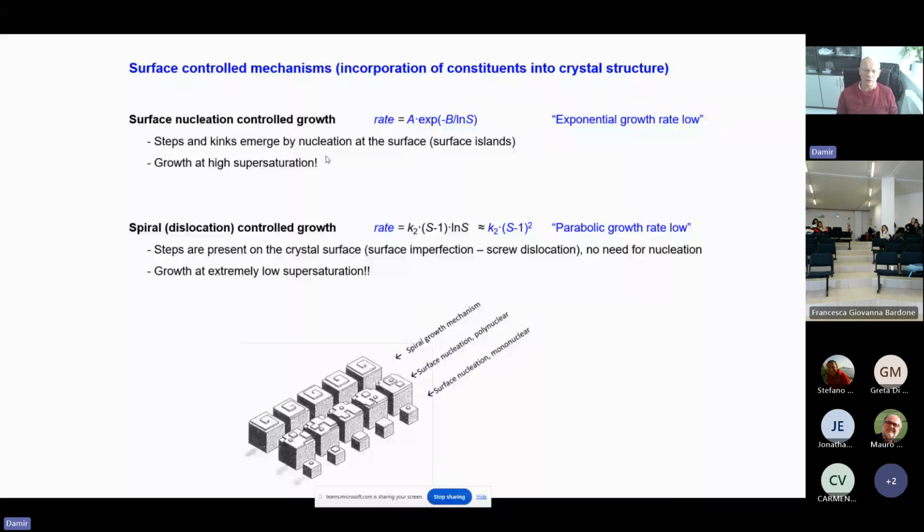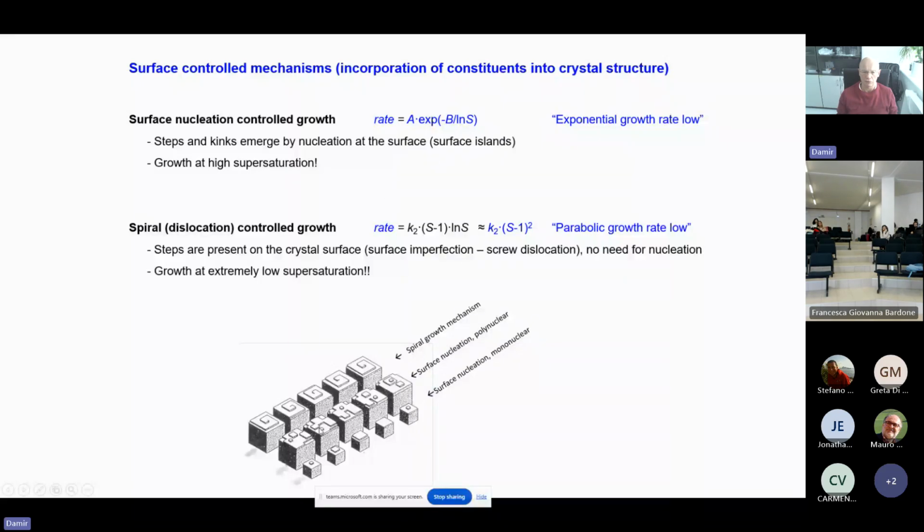If the active plates are not present, then they should be formed by a process of surface nucleation. So the rate here is an example of surface nucleation that is relatively slow and that is relatively fast. And this process is described with these exponential relations.